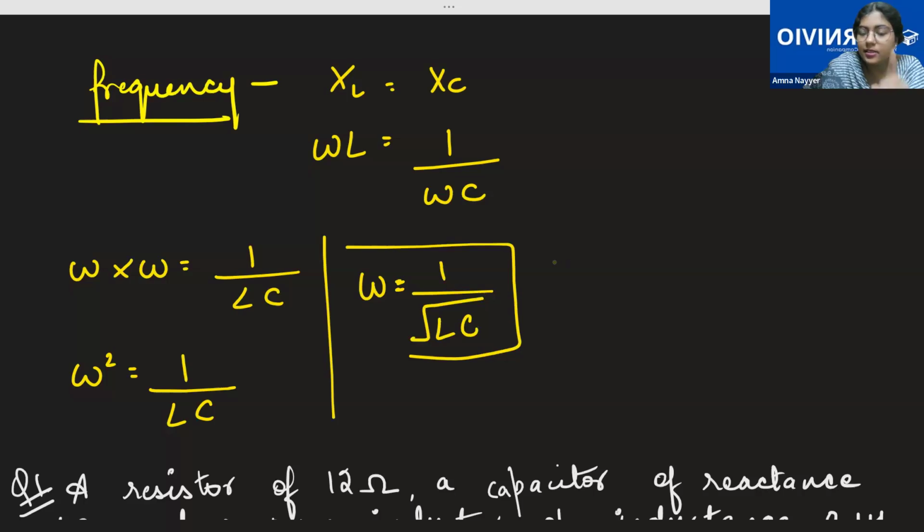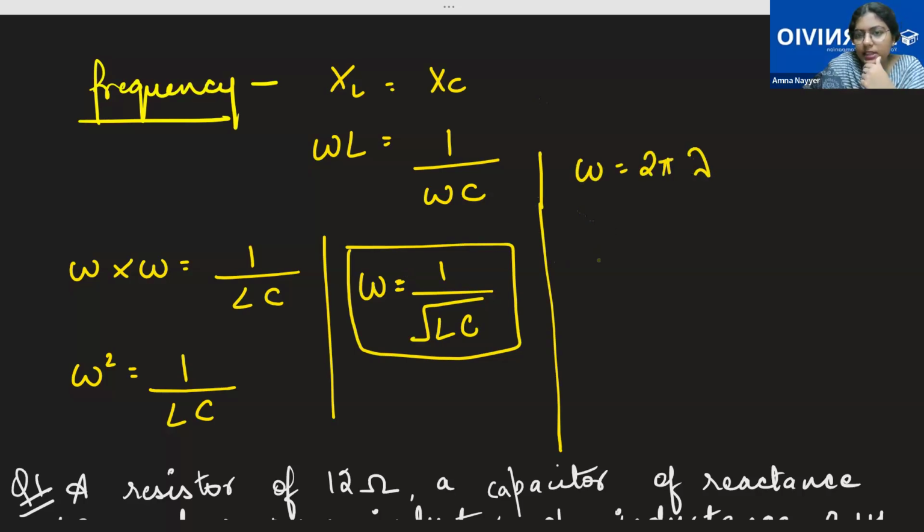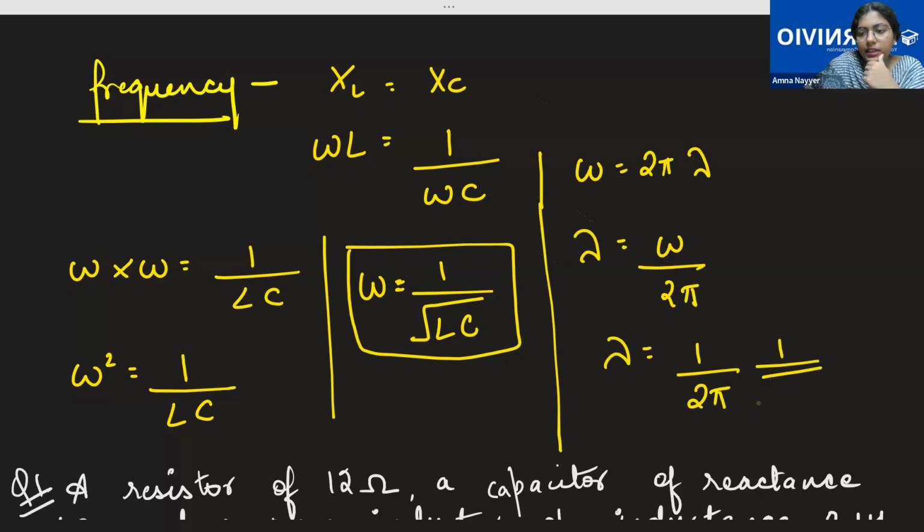This is the derivation for angular frequency. Omega is equal to 2 pi into the linear frequency, so the linear frequency will be the angular frequency divided by 2 pi, that is 1 by 2 pi into 1 by under root LC.